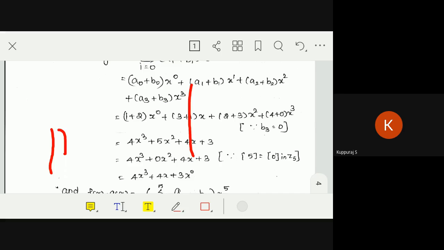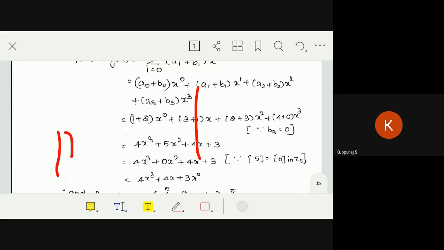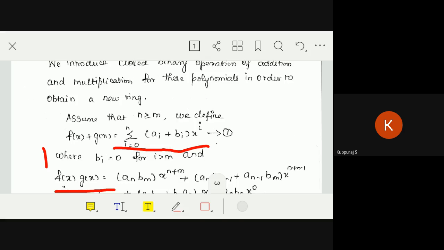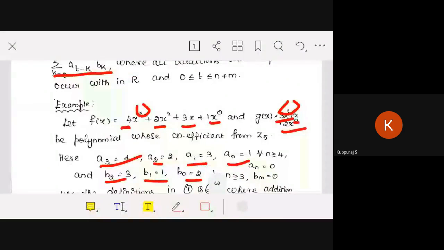In this polynomial, see the coefficients. The x cubed coefficient is 4, x squared coefficient is 5, x coefficient is 4, and the constant term is 3. In this, the x squared coefficient is 5, but here we are taking Z5. We define both the polynomials under modulo 5 only.